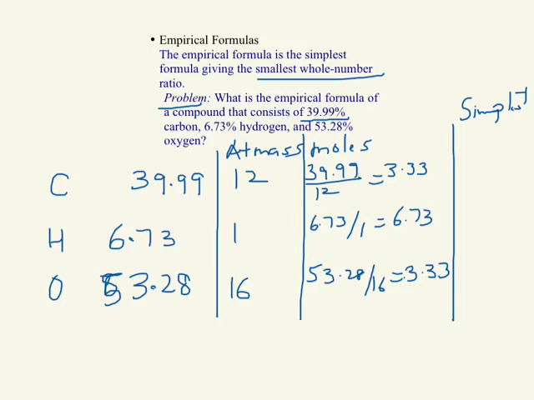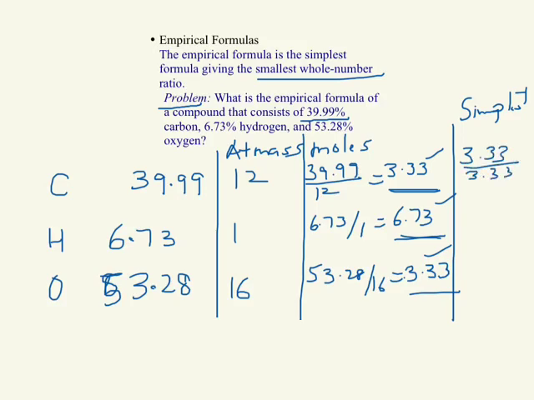How do you do that? You take the smallest number out of these three and divide each number by that number. The smallest out of these three is 3.33. So you're going to divide each of these numbers by 3.33.